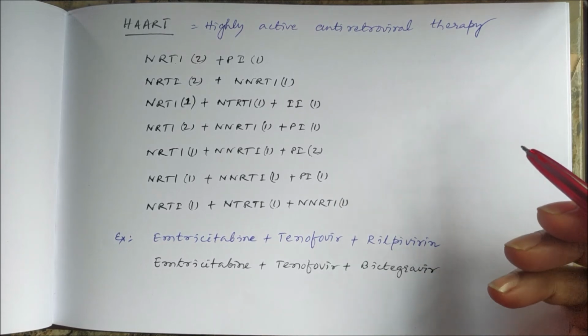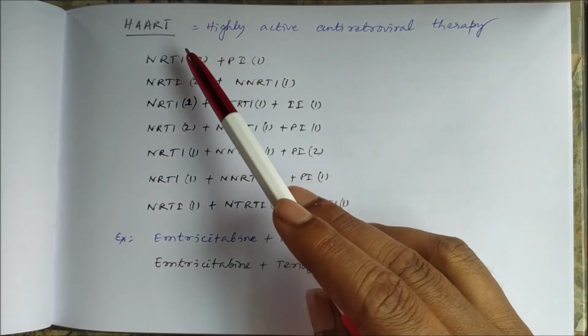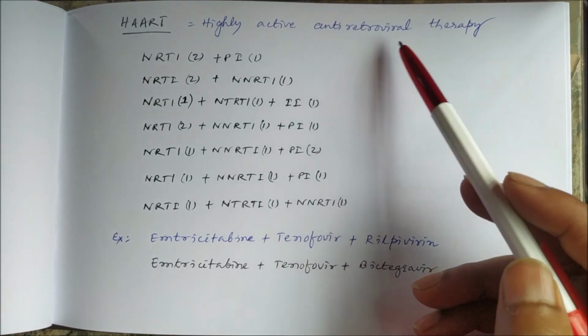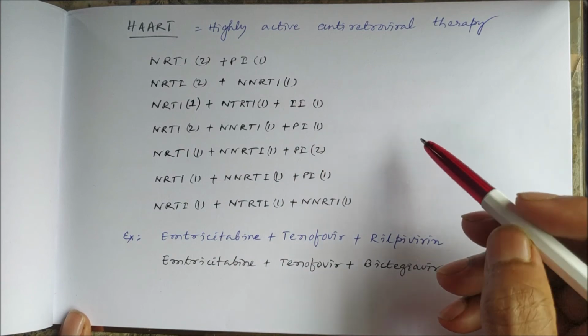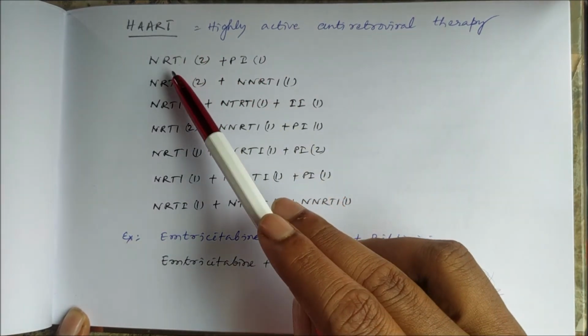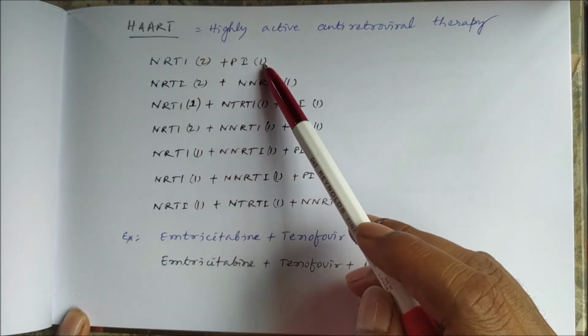So one term is used called HAART, highly active antiretroviral therapy, in which a combination of antiretroviral drugs is used. So the HAART includes two nucleoside reverse transcriptase inhibitors and one protease inhibitor.